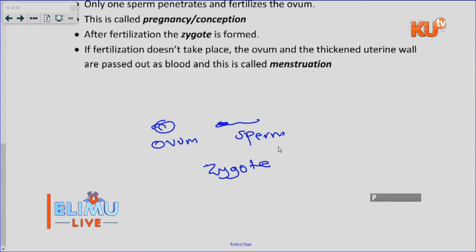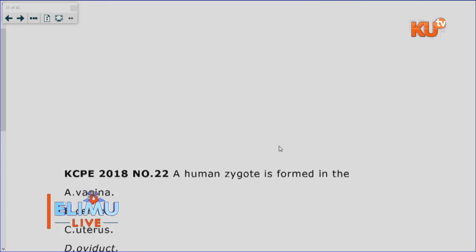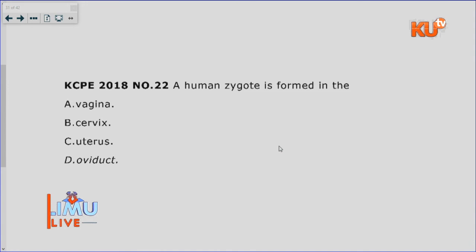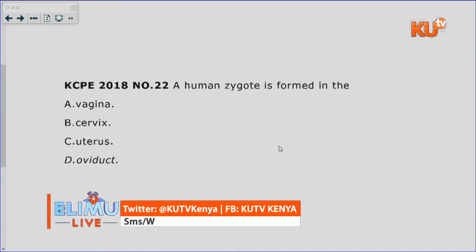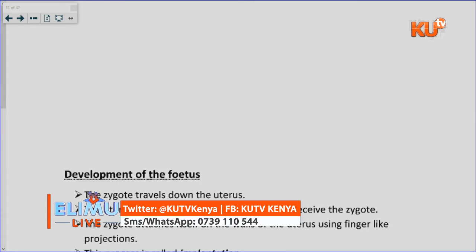Up to that point, let's answer a KCP question. KCP 2018, number 22. A human zygote is formed in the dash. The right answer is oviduct. A human zygote is formed in the oviduct.